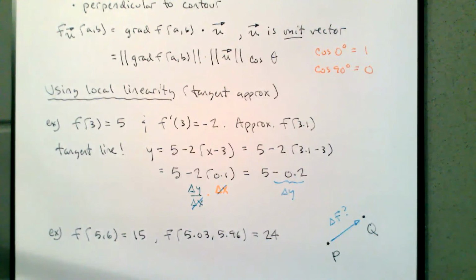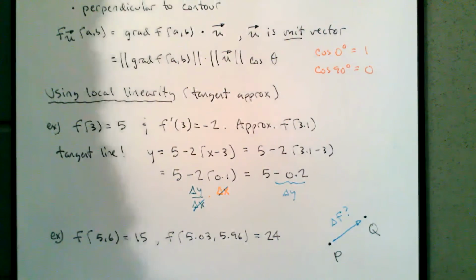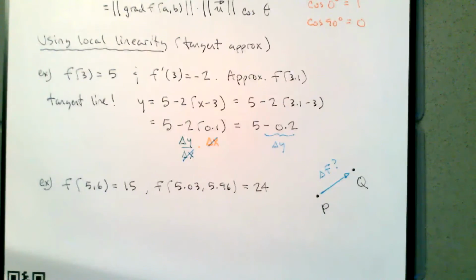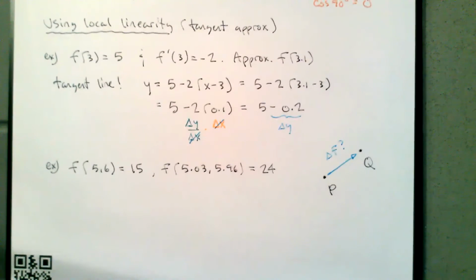All we need to do to approximate the rate of change of the function is take how much the function changed divided by how far it went.